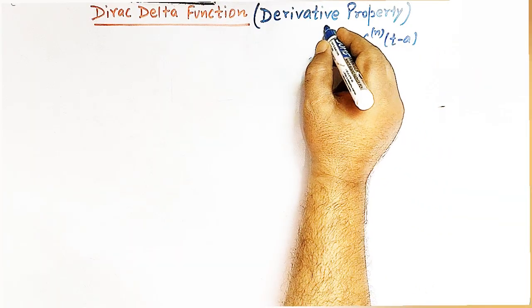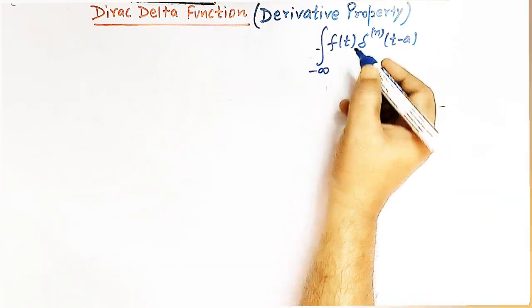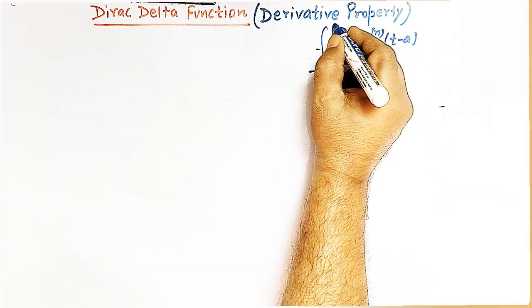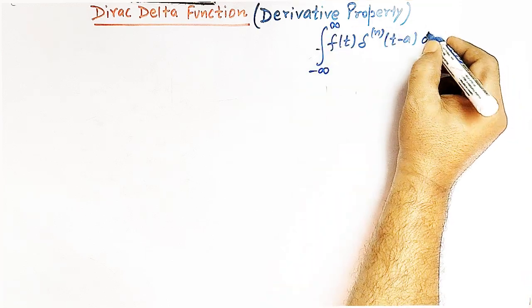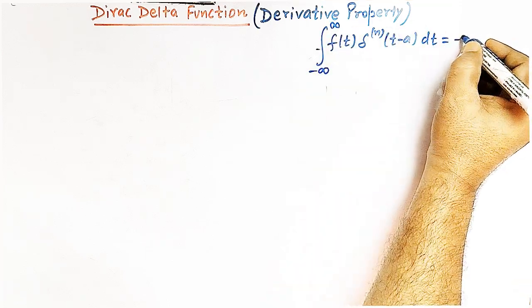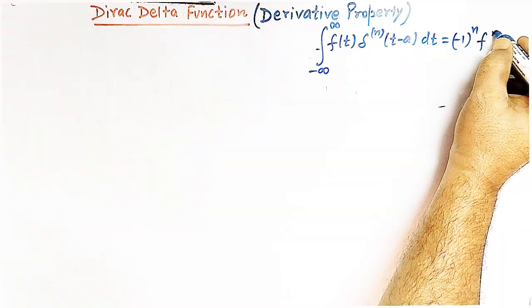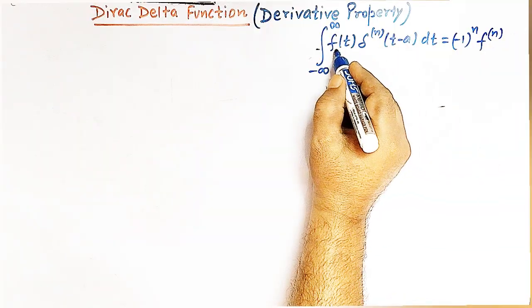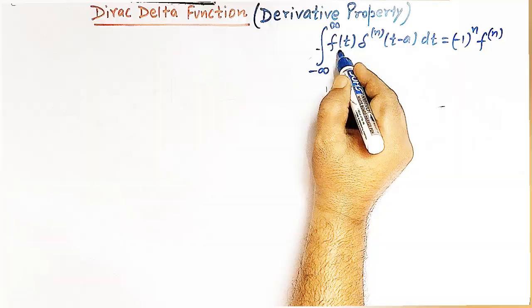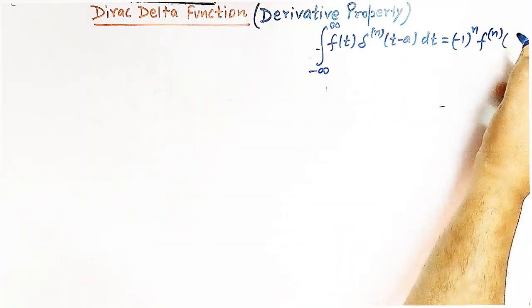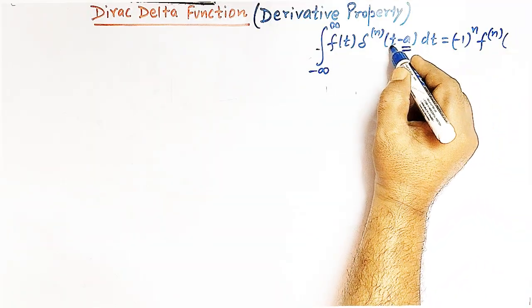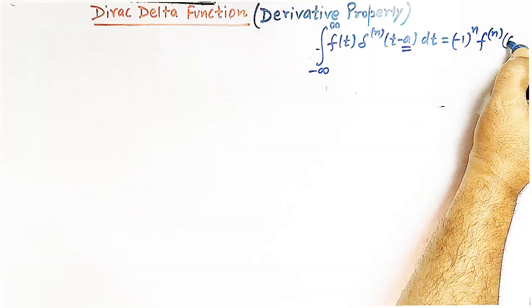Then the value of the integral from minus infinity to infinity, dt, is given by minus 1 raised to n, times the nth derivative of this arbitrary function f of t evaluated at the point t equal to a.